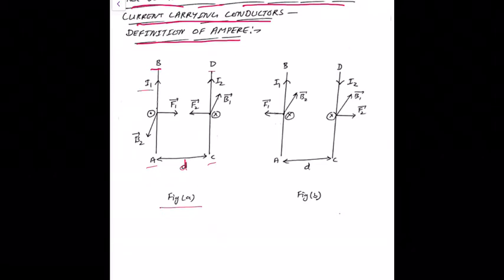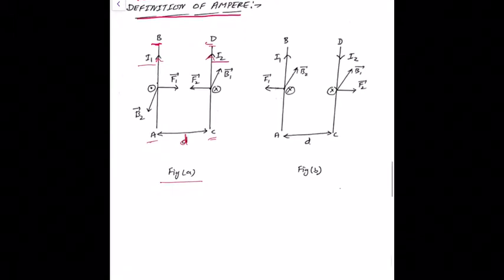The currents I1 and I2 are flowing through the two conductors AB and CD in the same direction. Let us find the force experienced per unit length by the current carrying conductor AB due to the magnetic field produced by the current carrying conductor CD.